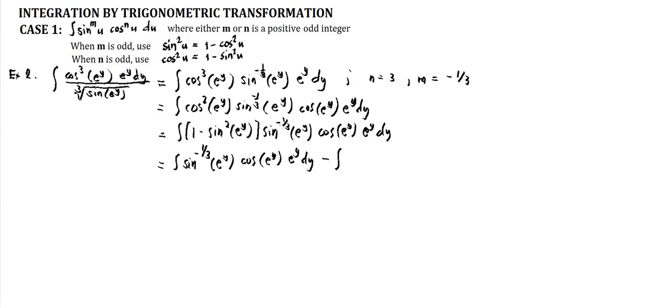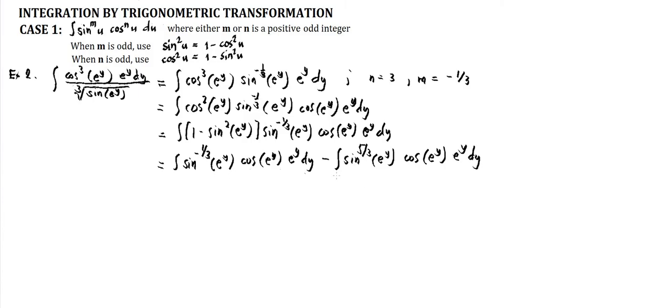So, 6/3 plus negative 1/3, so that's positive 5/3. So, magkakaroon tayo ng sine raised to 5/3 of e to the y, and then cosine of e to the y, e to the y dy.